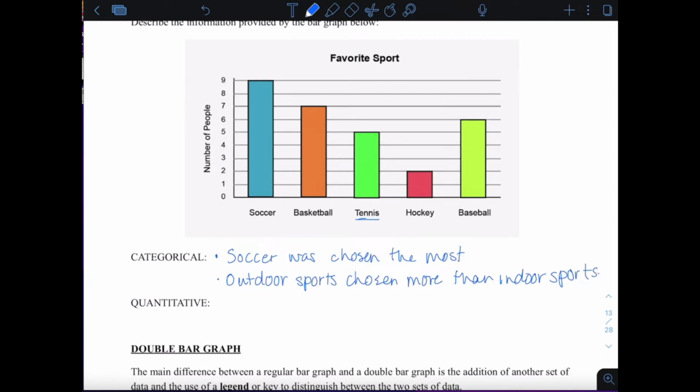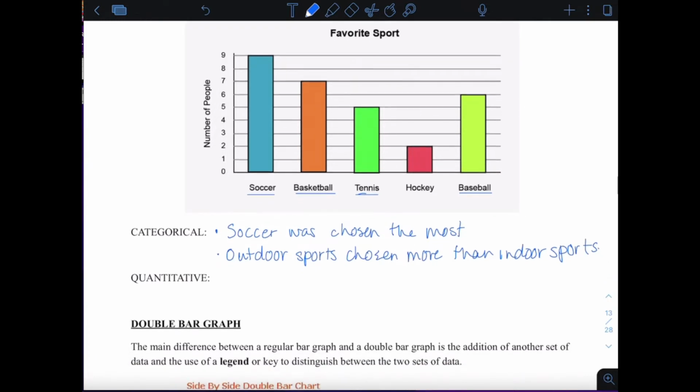Well, I consider tennis, soccer, and baseball to be outdoor sports, and basketball could be both. I guess soccer could be both as well, but hockey is definitely an indoor sport. I'm going to scrap that.